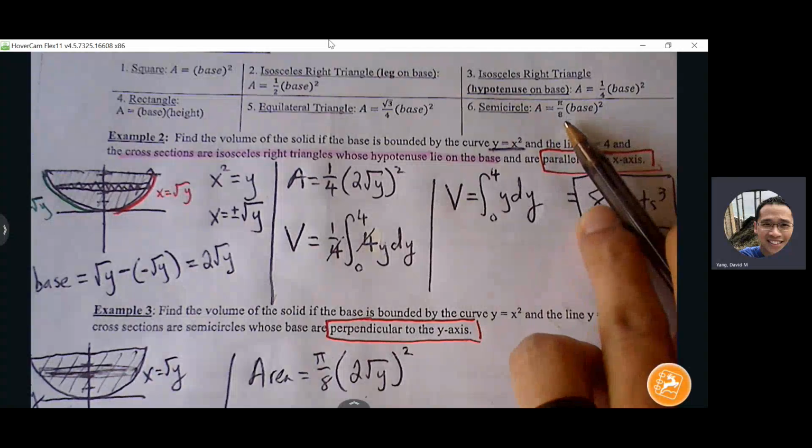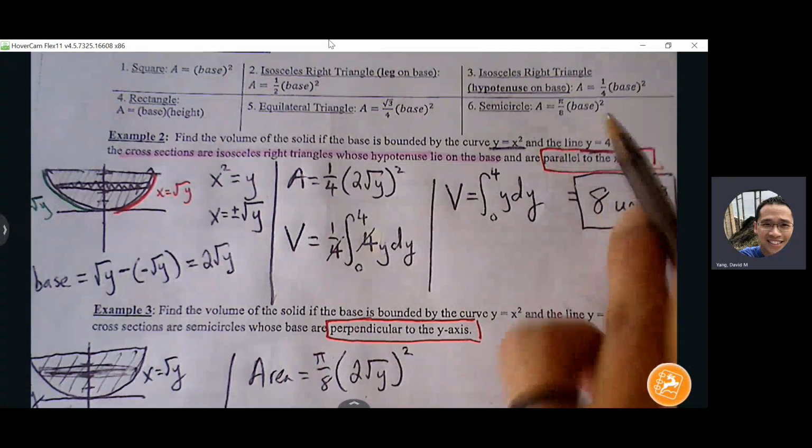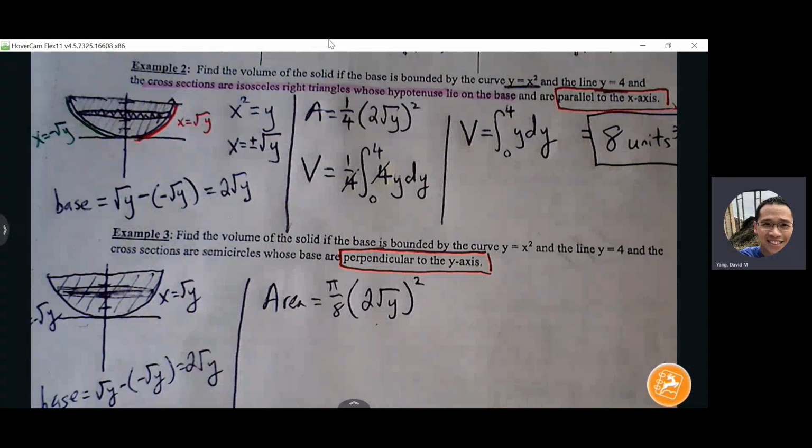Okay, my formula is pi over 8, base squared. My bounds are still going to remain from 0 to 4.